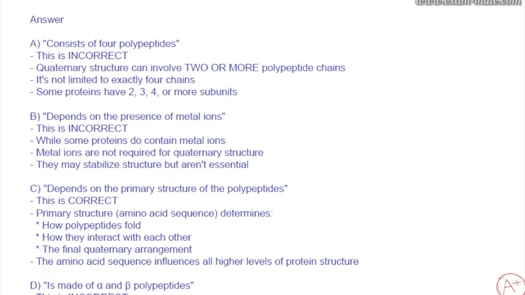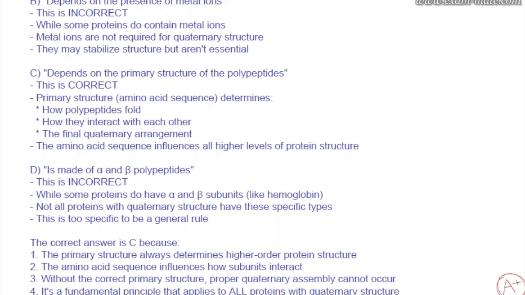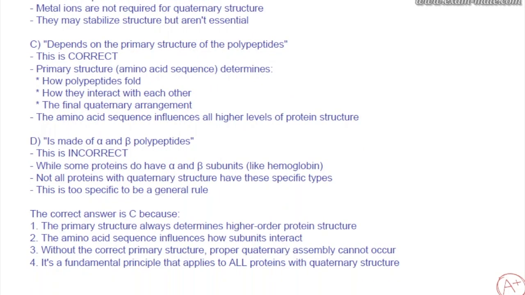C. Depends on the primary structure of the polypeptides. This is correct. Primary structure, the amino acid sequence, determines how polypeptides fold and how they interact with each other, and so the final quaternary arrangement.